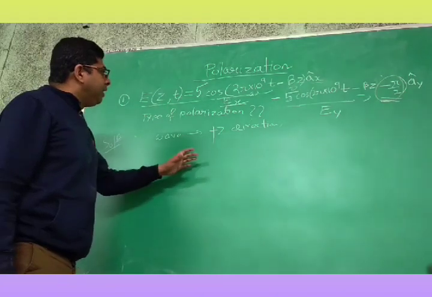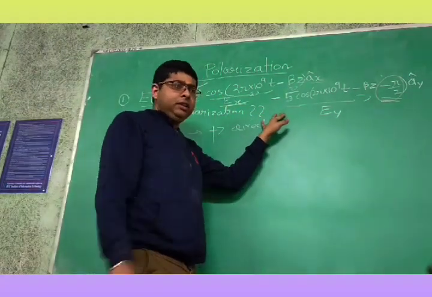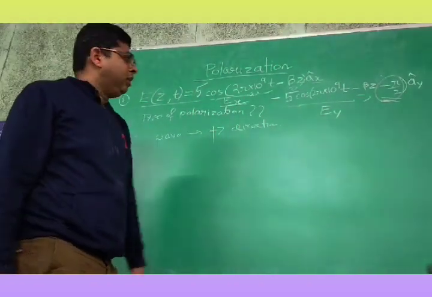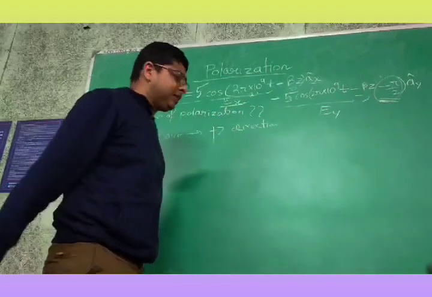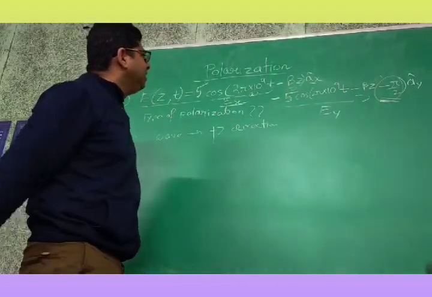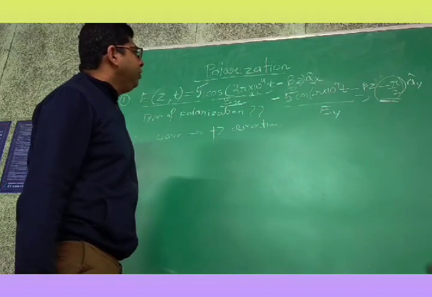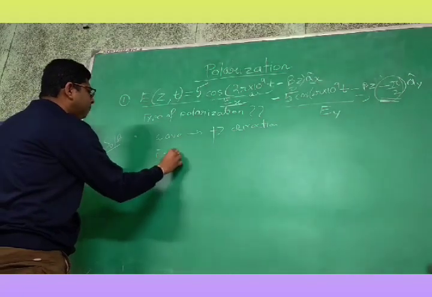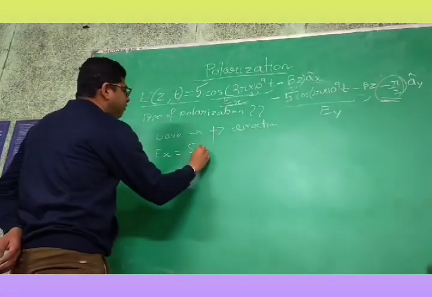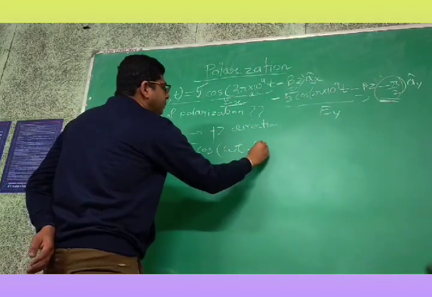Okay. Remember, for this problem, I will go with the second method, that is from lead to lag. That method I will be using, because that will give me the answer faster. Okay. So basically, this is our X component. Let us write that 5 cos(omega t minus beta z).